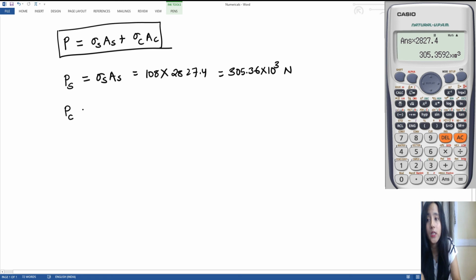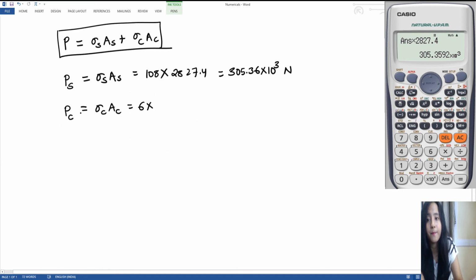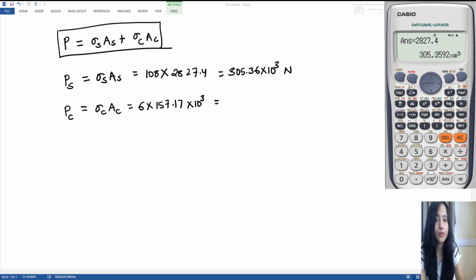So next we have force shared by the concrete, which will be sigma c into area of concrete. So sigma c given was 6 into area of concrete came out to be 157.17 into 10 raised to power 3.